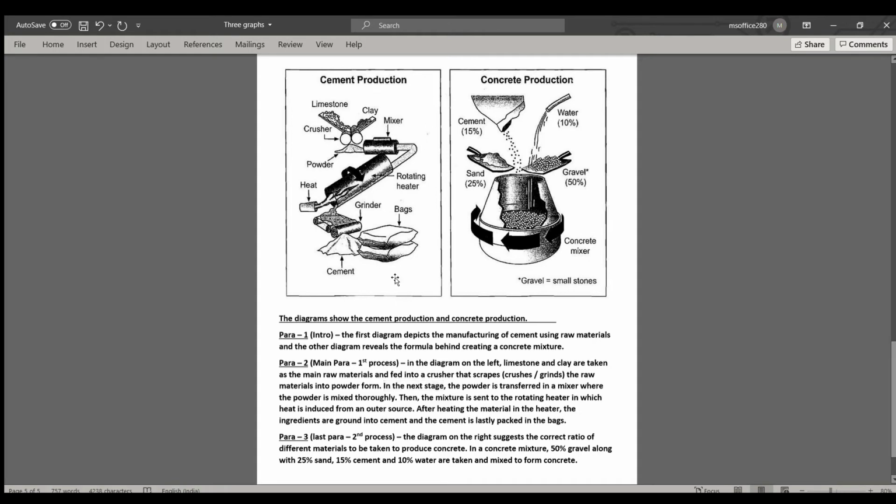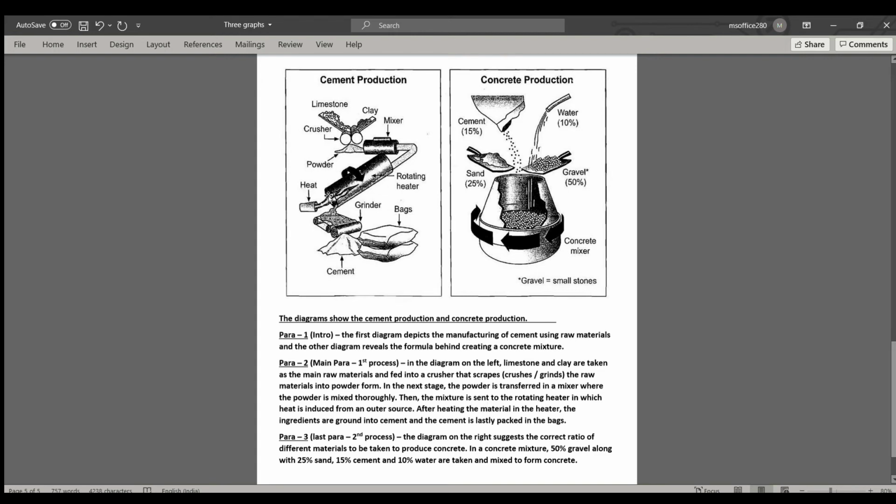Then, again a connector, the mixture is sent to the rotating heater. The powder that was mixed together I've given the name mixture. That mixture is sent to the rotating heater, in which heat is induced from an outer source.